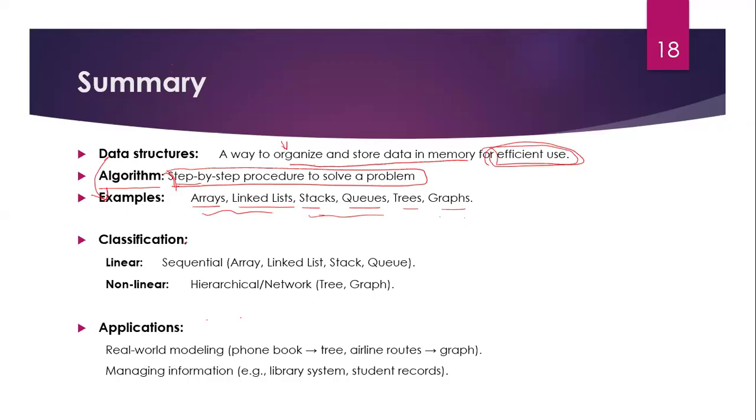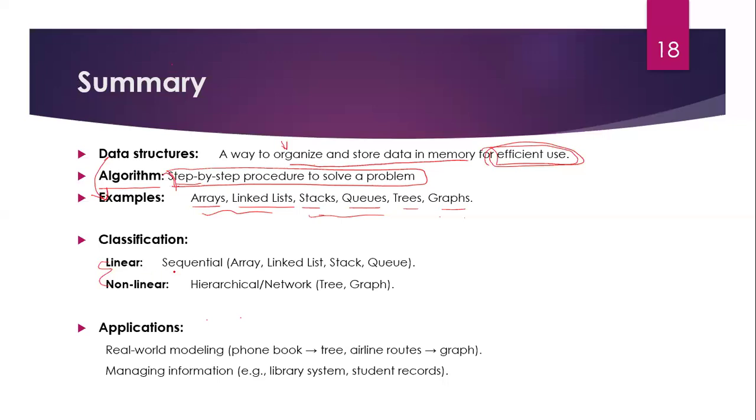The next thing is the classification. We can make a classification in two manners: one is using storage, and the other is using an organization method. This linear and non-linear comes under the organization.